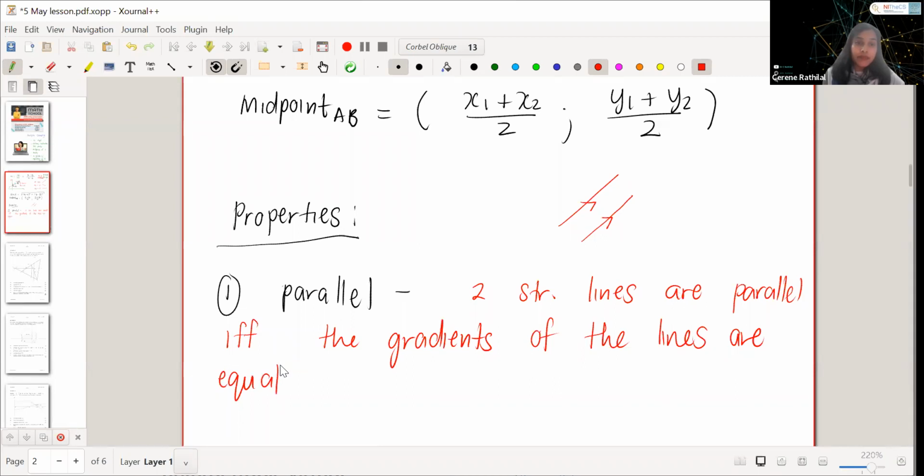But are we done? Does it take care of all of the cases? Let's look at our chat box. Yes, wonderful. Parallel means they're going to have the same gradient, exactly what we just discussed.